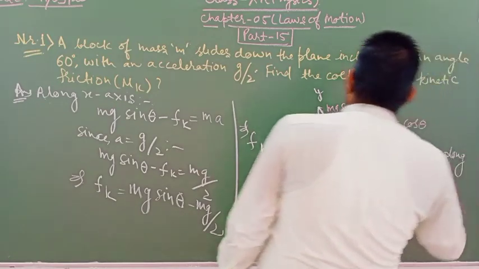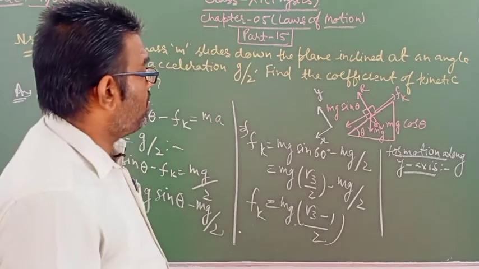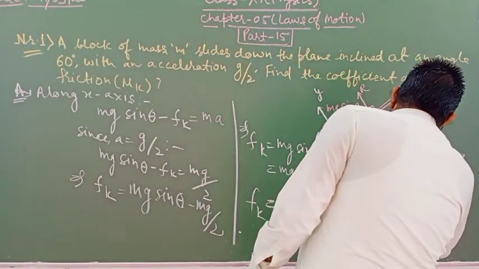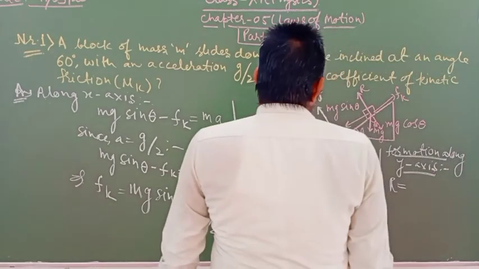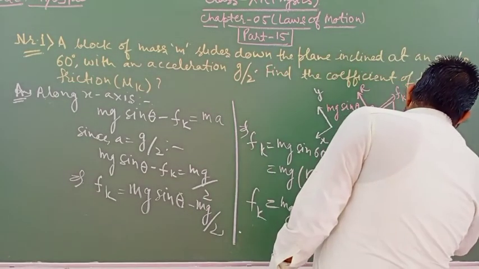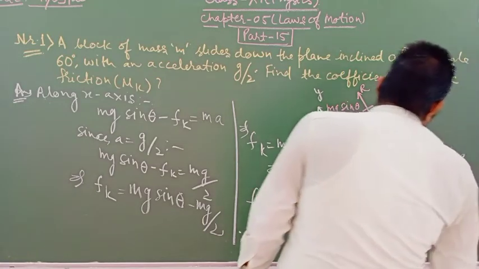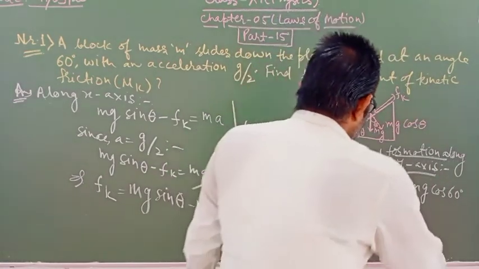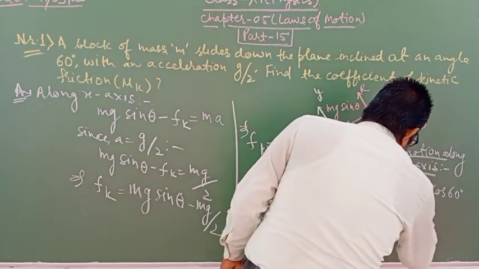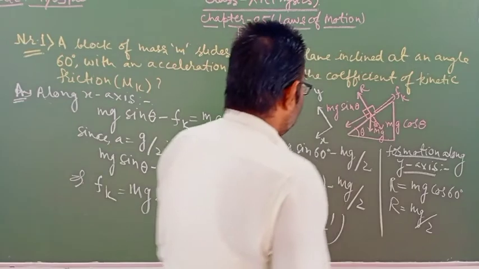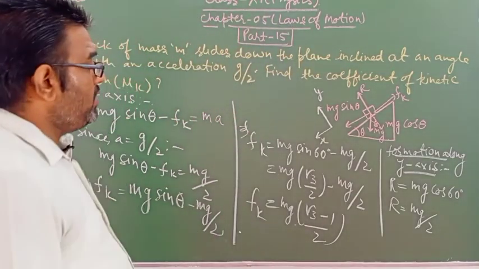For motion along the y-axis, R, the normal reaction, is equal to mg cos 60 degrees, so R is equal to mg by 2.